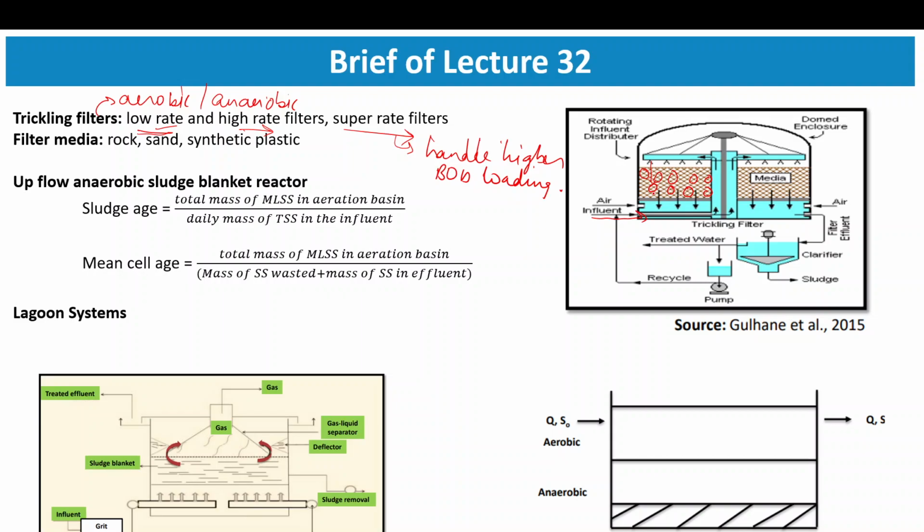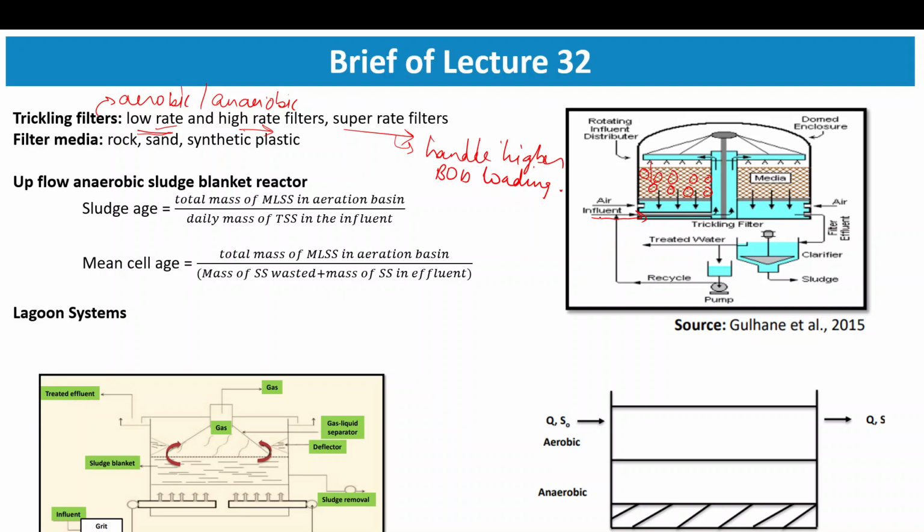So as the water comes in contact with air and microbe, there will be digestion or degradation of the BOD which is present in water. Here the microbes grow, and as the microbes die, they fall down and can be collected as sludge. So this water comes here in the settler where sludge is separated, and again some amount of water is recycled.